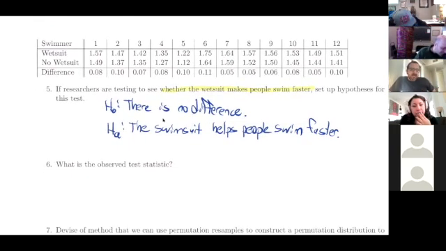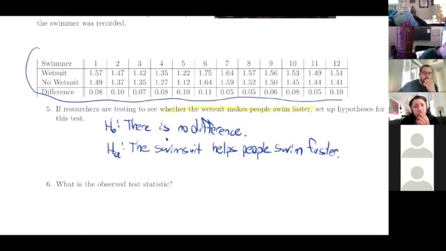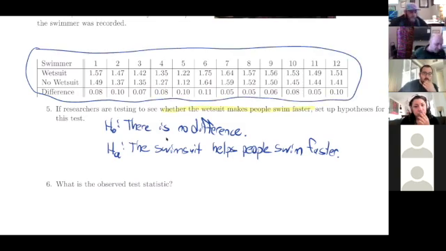And what do you think would make sense as an observed test statistic here? We've got this data set. What are you looking at in this data set if you're considering whether or not it made a difference? The difference of means?